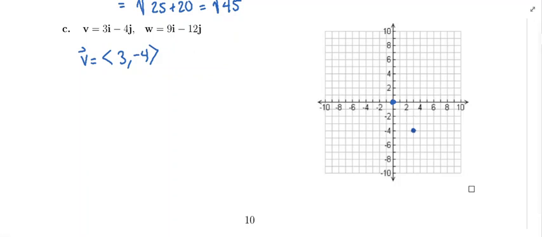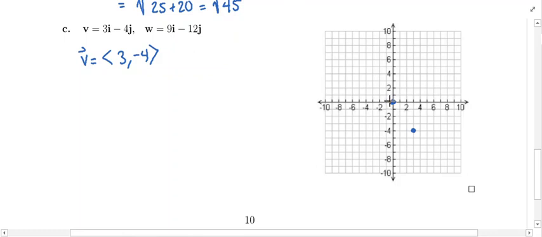So here is vector V. And then I'm going to graph vector W. W has components (9, -12), so I'm going to be a little bit off the grid. So here's (9, -12), about right here.